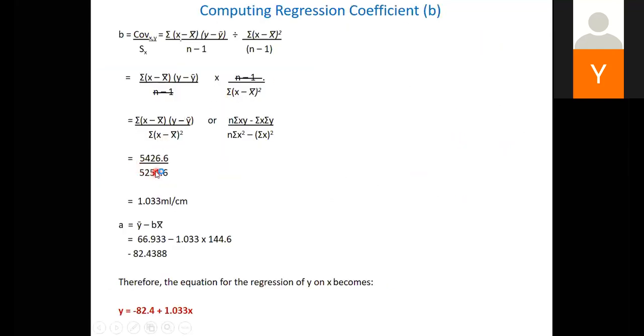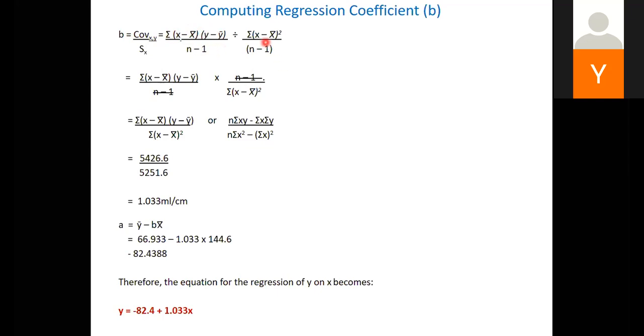We have already said that the correlation is the covariance of X and Y over the standard deviation of X and Y, while the regression coefficient is the covariance of X and Y over the variance of X. Because B, the slope, is the change in Y per unit change in X, and the part of Y that changes together with X is the covariance.